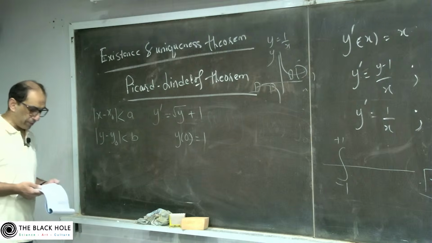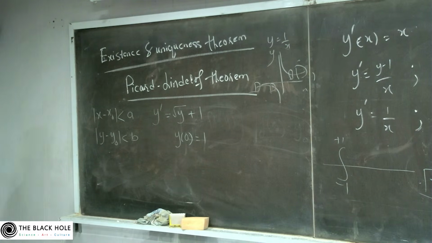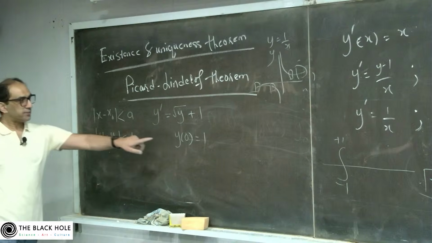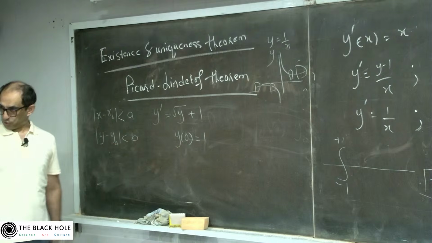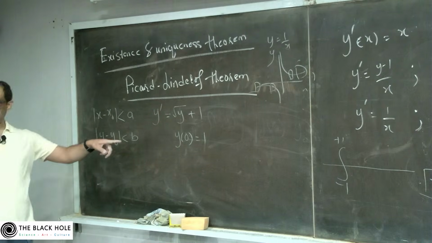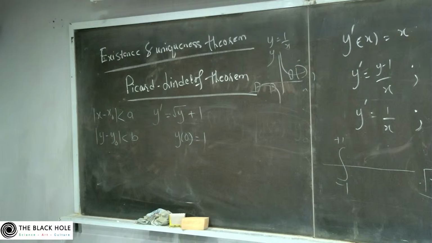Go ahead, tell me. Sir, x is already there. X naught is 0. Y naught is 1.